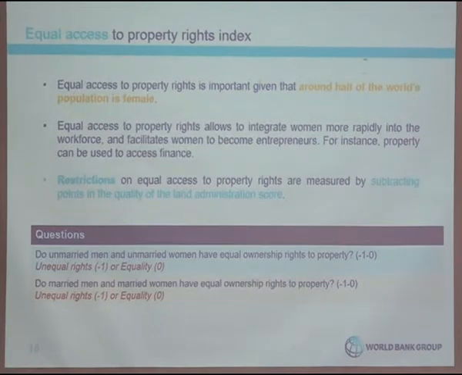Finally, we have the Equal Access to Property Rights Index. This index is a little bit different in terms of scoring, as the maximum number of points that you receive on it is actually 0.